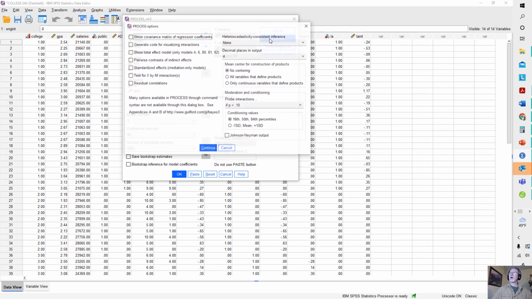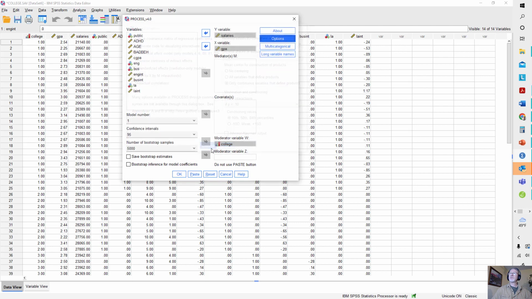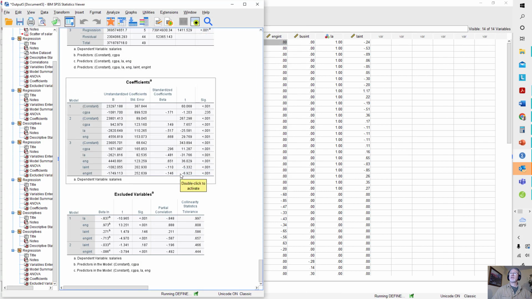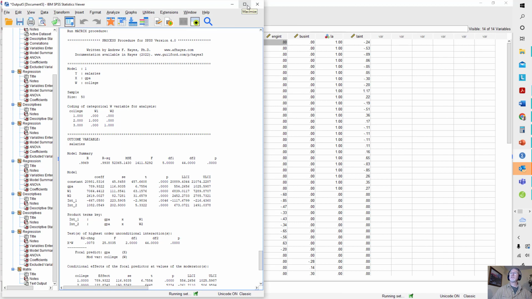When I go to options, I'm going to ask for it to test the X by M interaction. I'm going to ask it to center just GPA, so only the continuous variable, the defined products. And I'm going to ask it to generate the code for visualizing the interactions. Go ahead and run that. By the way, it has to be on Model 1.